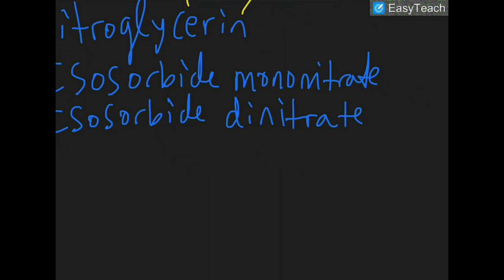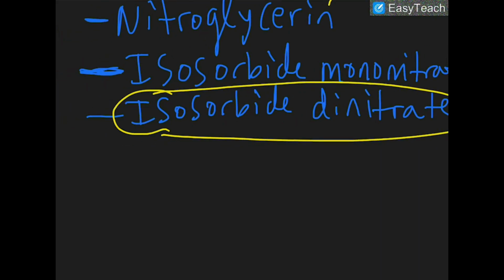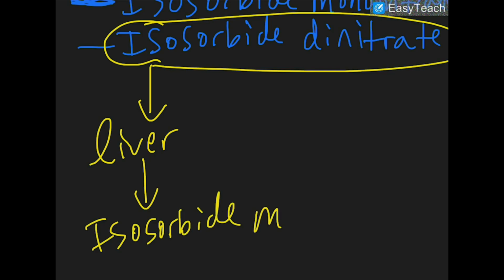Something important to know is that isosorbide dinitrate, when you take it, goes to your liver and actually gets metabolized into the active form, which is isosorbide mononitrate. Okay, so isosorbide mononitrate is the active nitrate. That's one thing important to know.